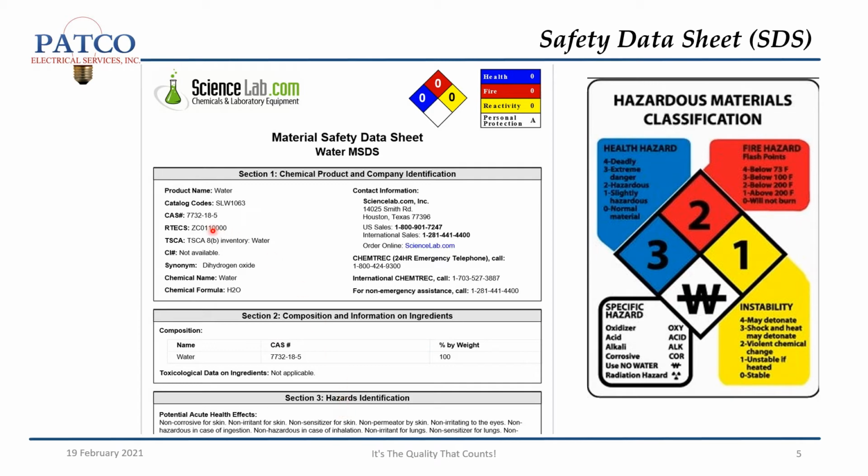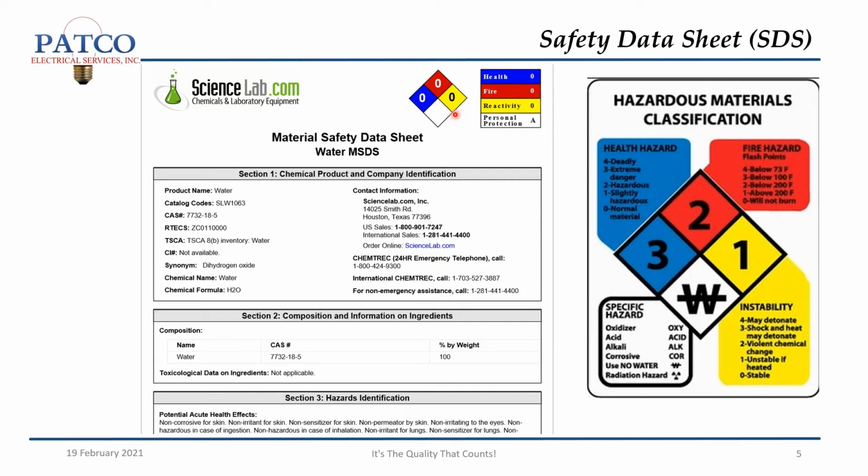I'm going to put a link for this particular SDS in the information below the video. So if you'd like to look at it, get familiar with what an SDS is supposed to look like, what all SDSs pretty much look like for any chemical, click the link below for this particular SDS.